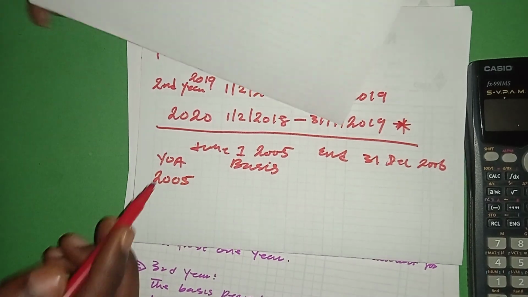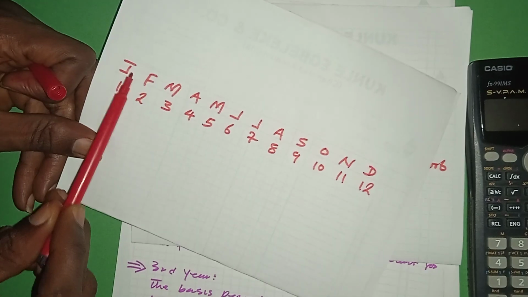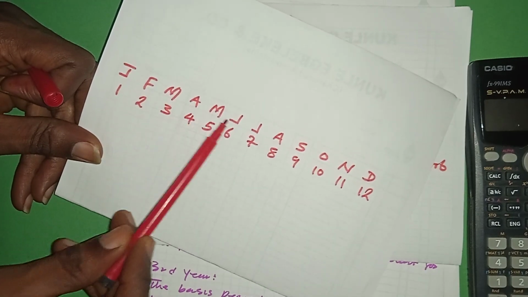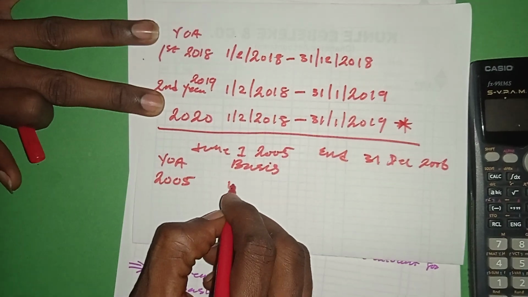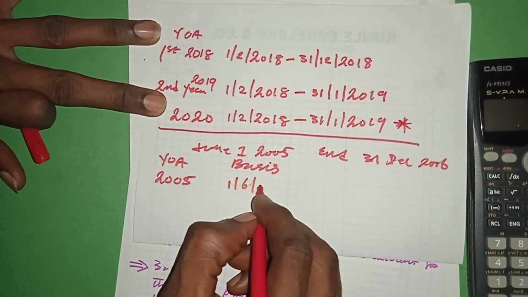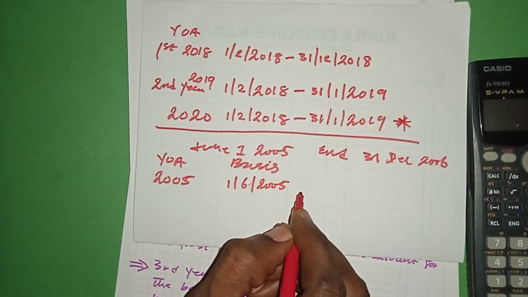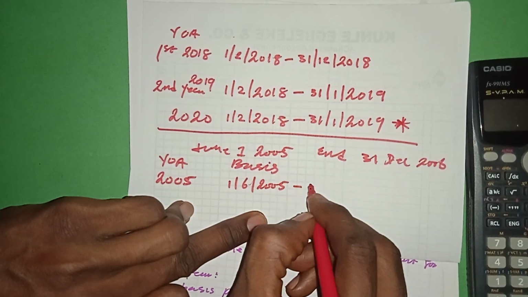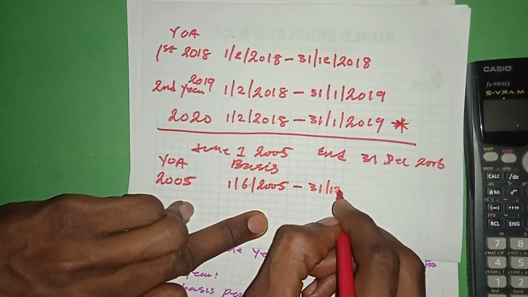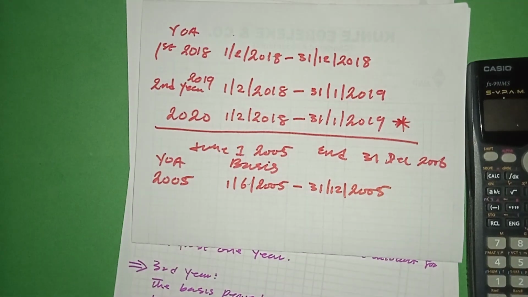Your June is what? January, February, March, April, May. June is 6. First 6, 2005 to what? What is the government fiscal year? 31st 12, 2005. That is the first year.